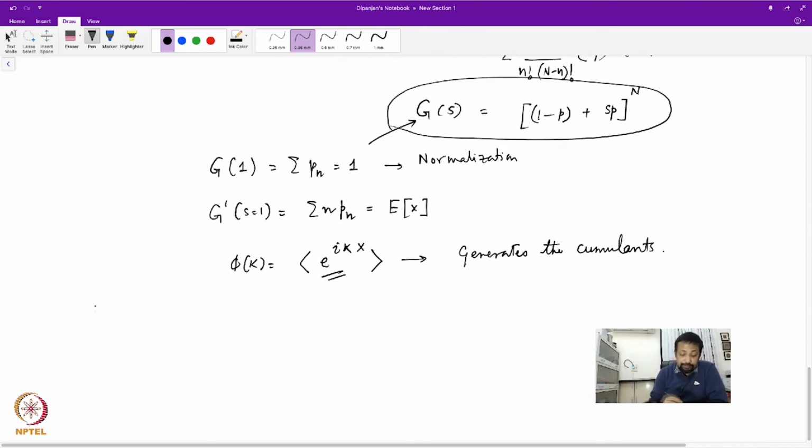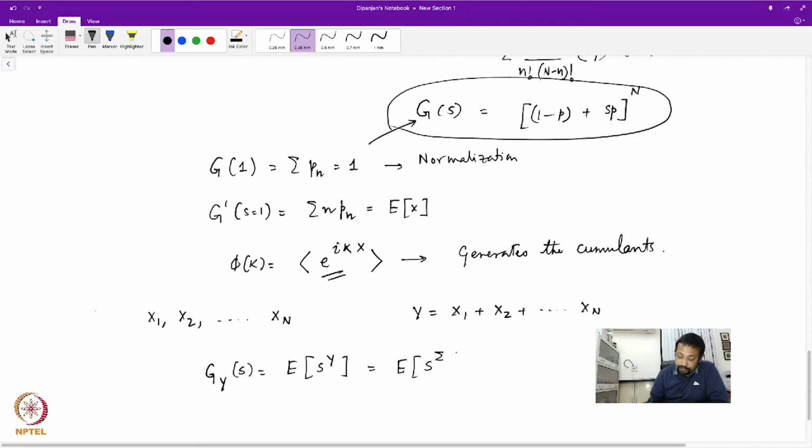Now, coming back to the generating function that we were discussing, suppose that I have random variables x1, x2, up to xN, and I define a random variable y, which is x1 plus x2 plus all the way up to xN. Then g of y at s is the expectation of s to the power y, which is the expectation of s to the power of the sum of the xi.